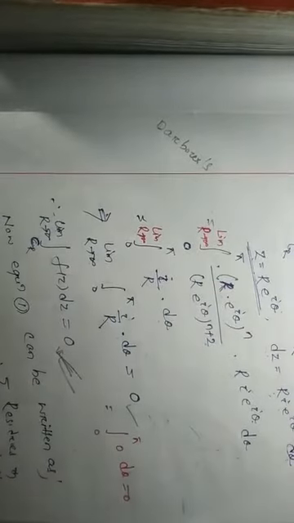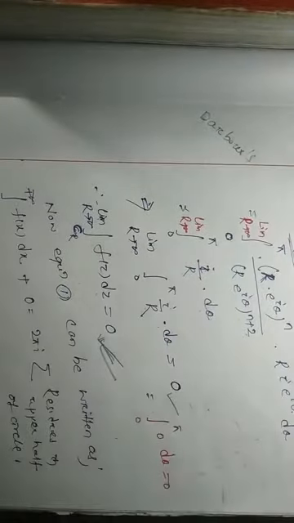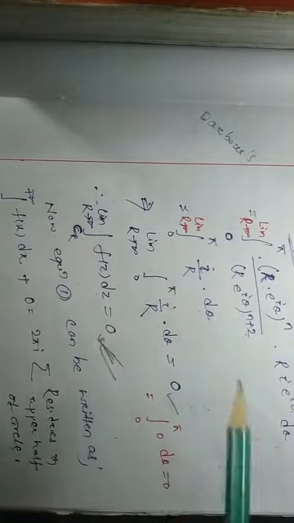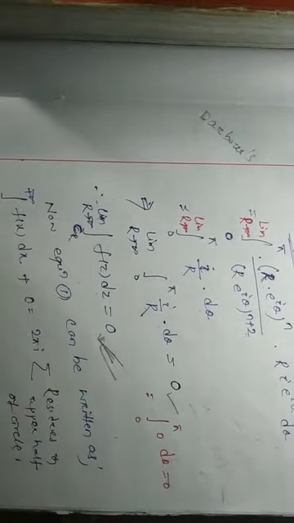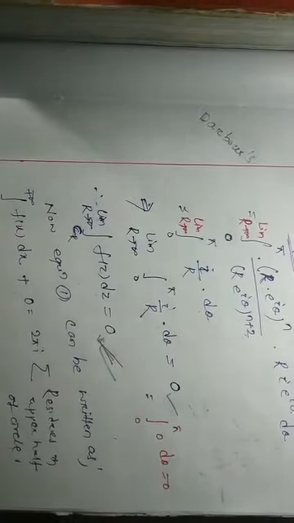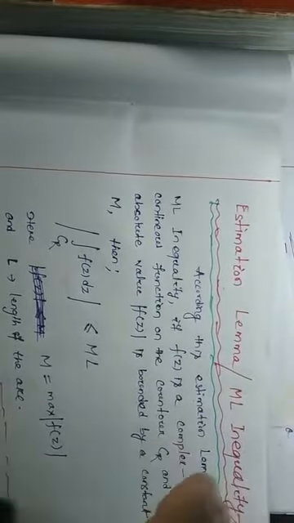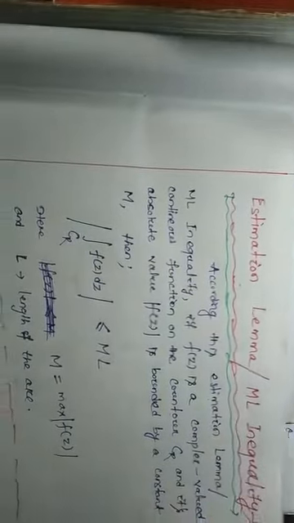Here one thing I want to share with you: in this way we found that as r tends to infinity it will be 0. But in complex analysis, or in your higher mathematics, you can find a theorem called the estimation lemma or ML inequality. It is a theorem which you will find in your higher studies.